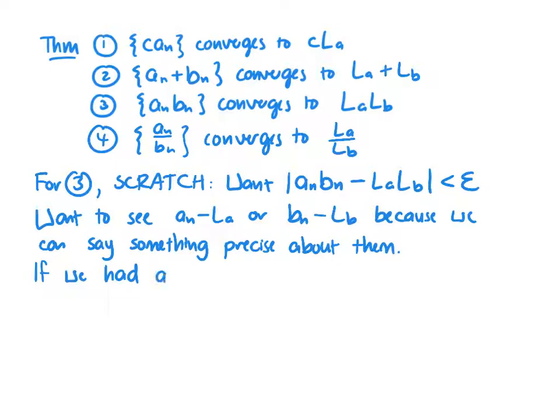If we had a_n b_n, say, minus L sub a b_n, that would be great because I can factor out b_n and get that a_n minus L_a expression that I wanted.